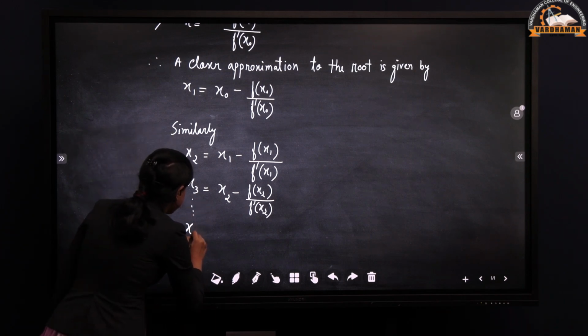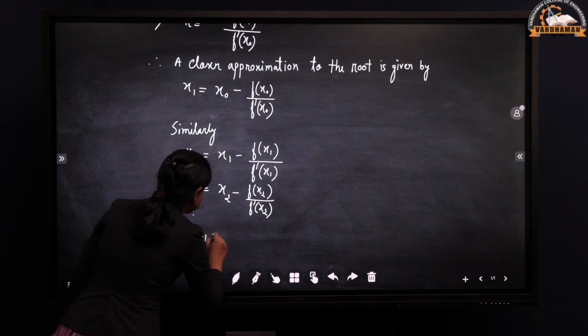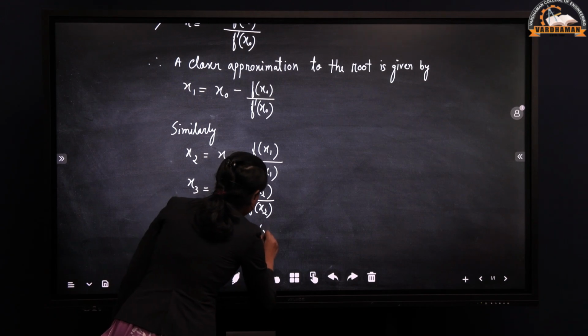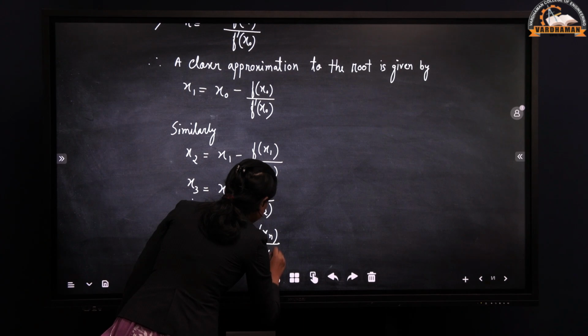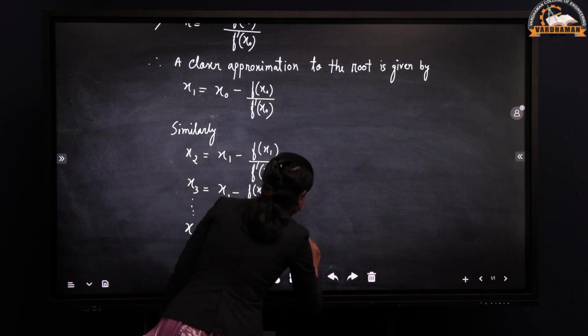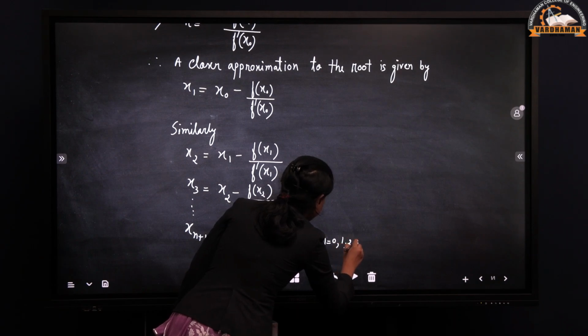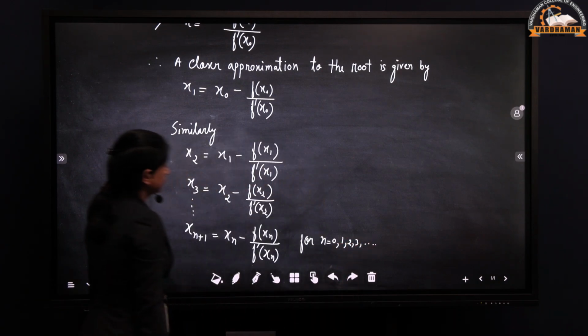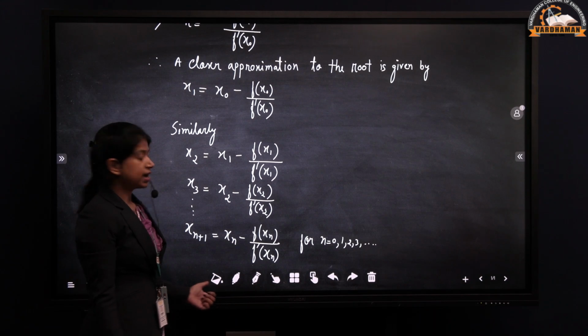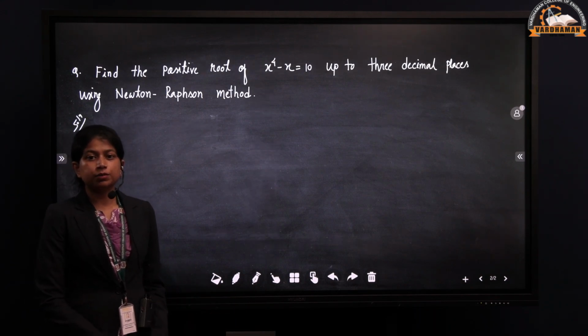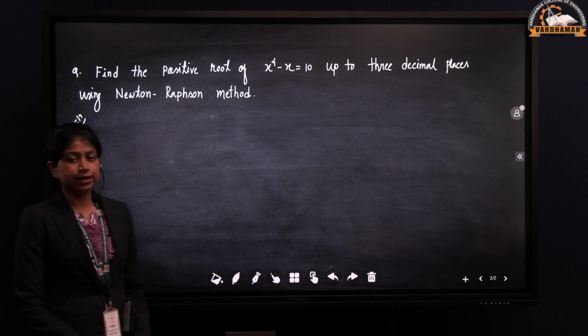We will get xn plus 1 is equal to xn minus f of xn by f dash xn for n equal to 0, 1, 2, 3 and so on. And this is known as Newton-Raphson formula. Now let us solve some problems using this Newton-Raphson method.